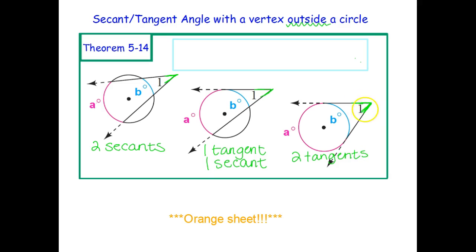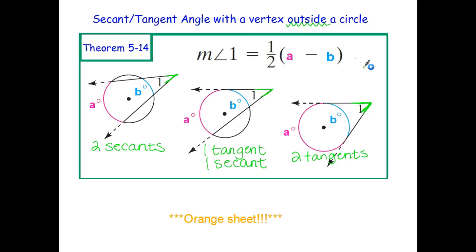So it doesn't matter how your outside secant angle is created. It doesn't matter whether you have 2 secants, 2 tangents, or 1 tangent and 1 secant. They all are going to be 1/2 times the difference between the outside and the inside arc. So it's always the bigger one minus the small one.